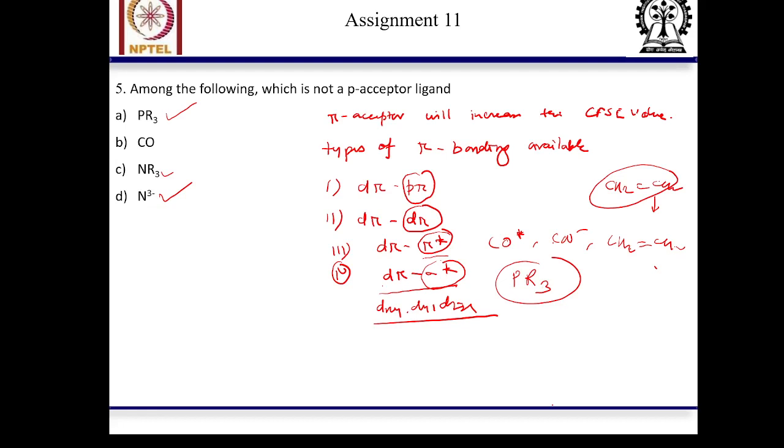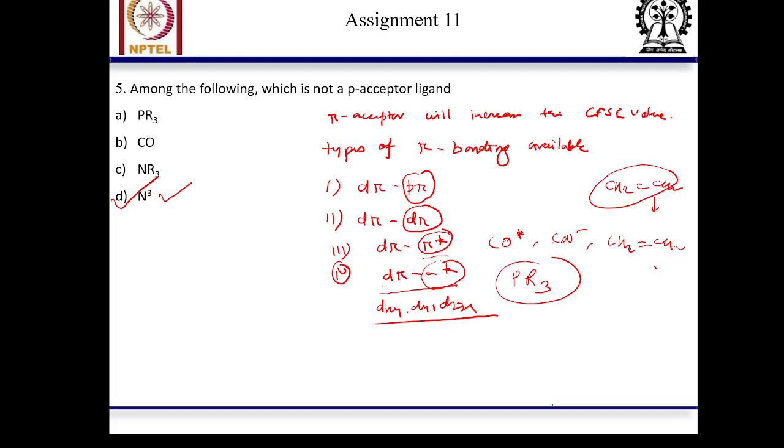Okay, so now I think the correct answer is, just delete these things, the correct answer is N3 minus, which is not a pi acceptor ligand. Now, is it clear? First, there should be a matching symmetry pi orbital present on the ligand. Then you have to find out what the different kinds of pi accepting are.